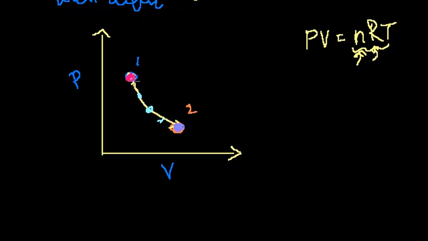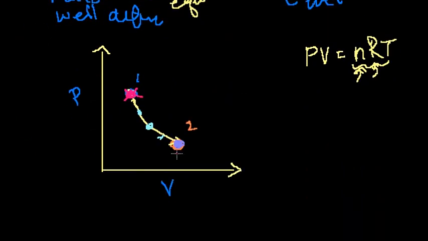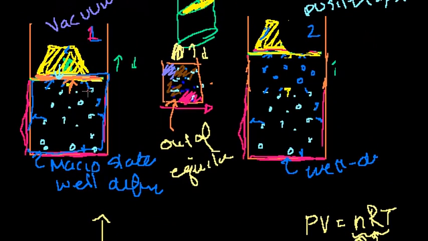Is there any way to have defined a path to get from our first state, where pressure and volume were well defined because the system was in thermodynamic equilibrium, to get to our second state? And the answer was no, because between this state and this state, all hell broke loose. I had different temperatures at different points in the system.